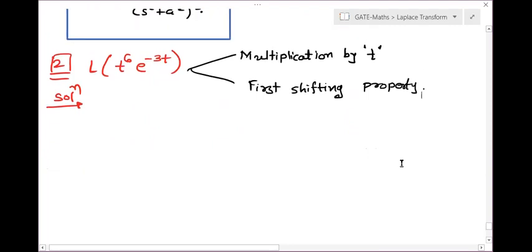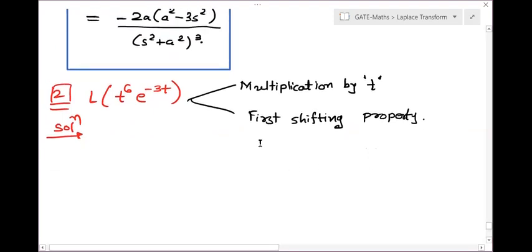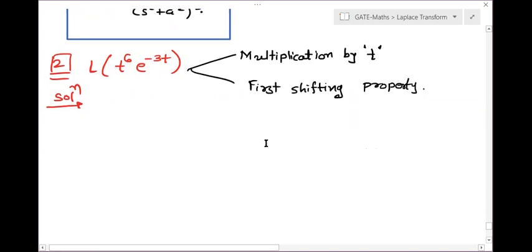Multiplication by t and first shifting property. But definitely if you are going to use multiplication by t property, you have to find the differential of 1 upon s plus 3 6 times, right? And that will be very much cumbersome. So it will be difficult over here. So let us use first shifting property.